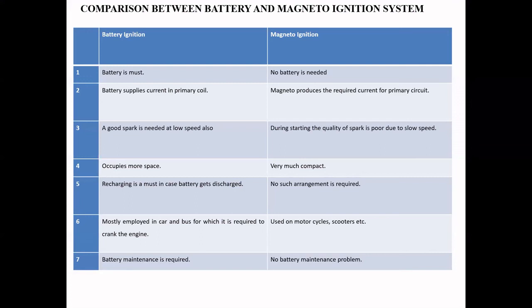As far as applications are concerned, we already discussed: in cars and buses the battery ignition system is used, and magneto ignition system is preferred for two-wheeler spark ignition engines. Battery maintenance is required, whereas in magneto there is no battery maintenance because the battery is absent. This is how the comparison between these two goes.